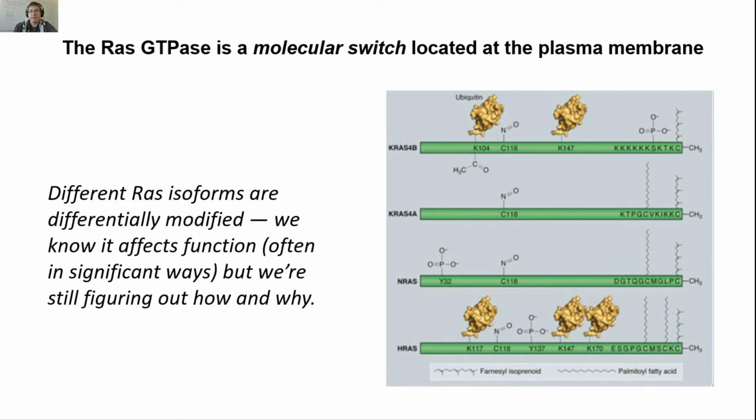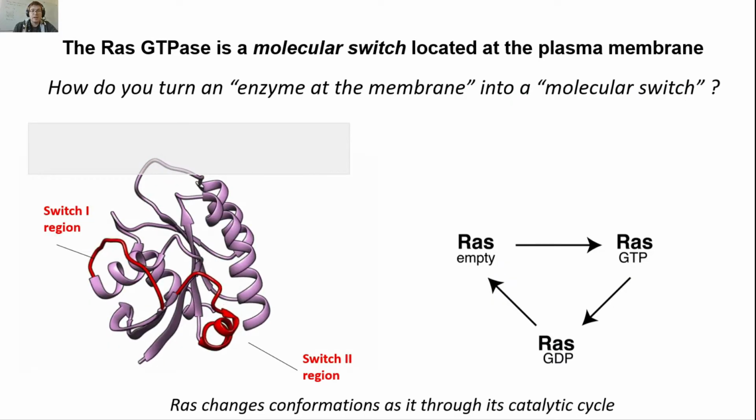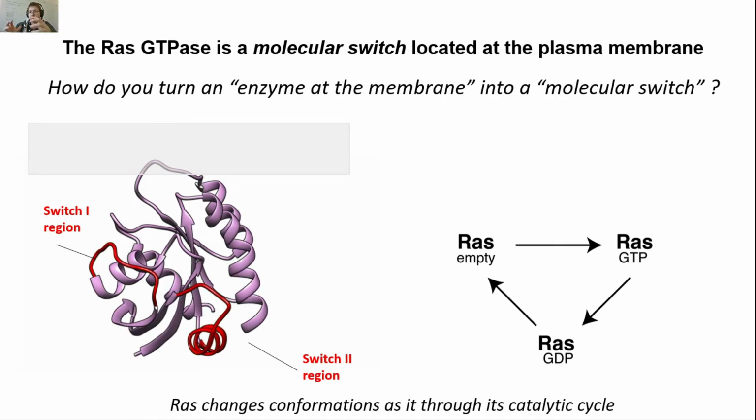And these can do things like change where in the plasma membrane the different isoforms go, as well as potentially modulate the function of these different Ras isoforms in ways that to this day we still don't fully understand exactly how they impact. But we know that these differences do contribute to differences in the function of these different Ras isoforms.